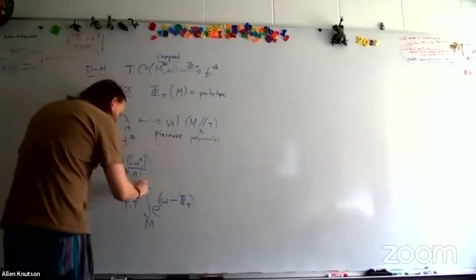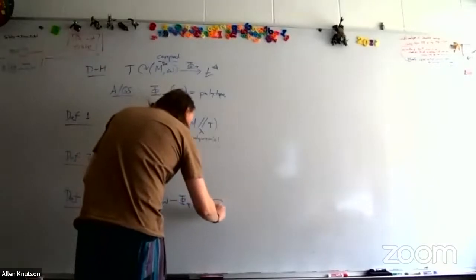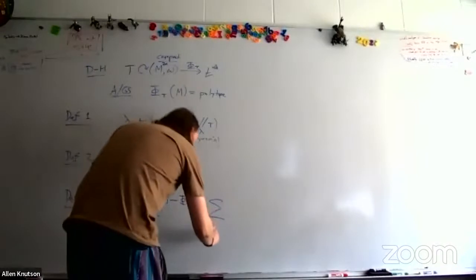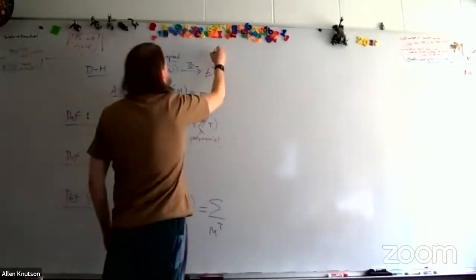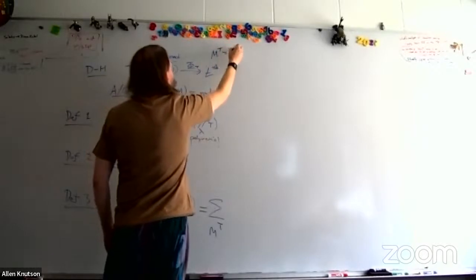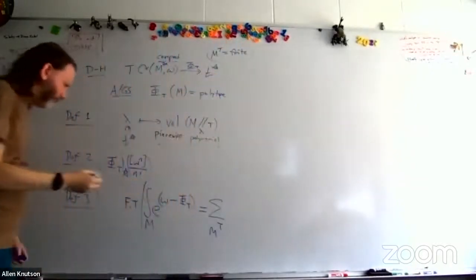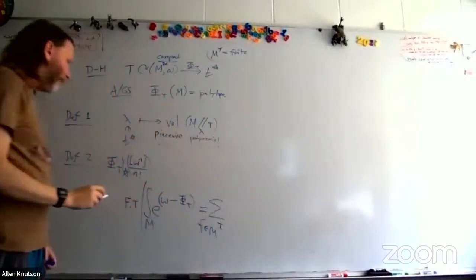So Etienne Bott say this thing can be written using Etienne Bott Berlin-Verne localization as a sum over the fixed points. And let me just assume that the fixed points are isolated, and I've got finitely many fixed points for convenience.